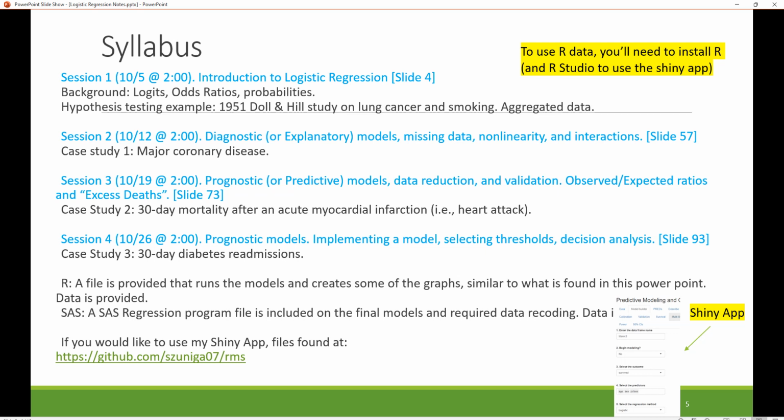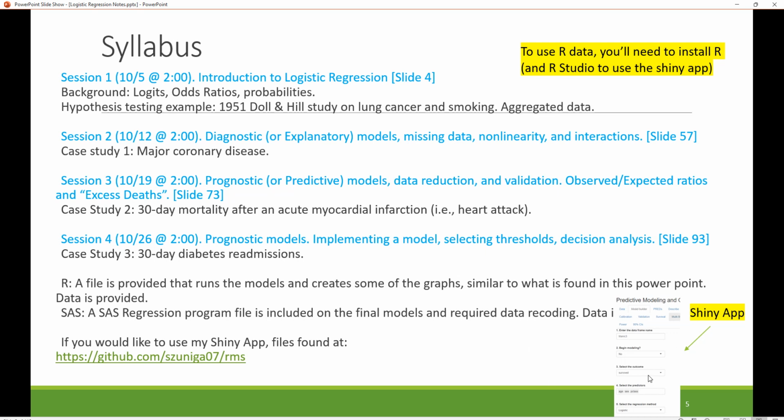I'm actually able to do a little more with R because I'm using the RMS package. So we'll have more things in R that we can look at, but we'll have code for both and data for both. And if you'd like to use my Shiny app, which all the tables and graphs come out of, you can find it on my GitHub site.